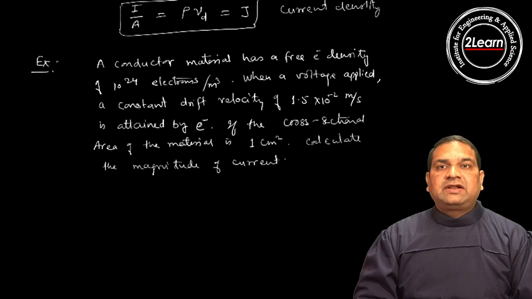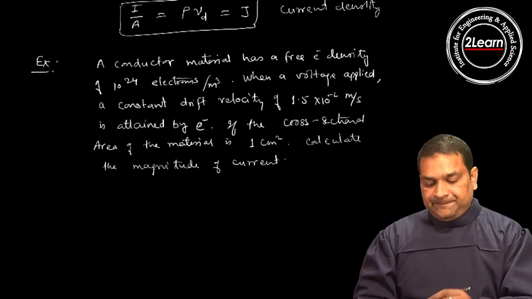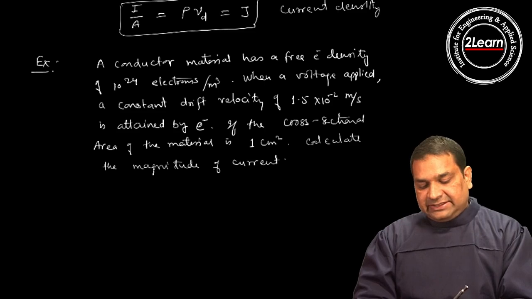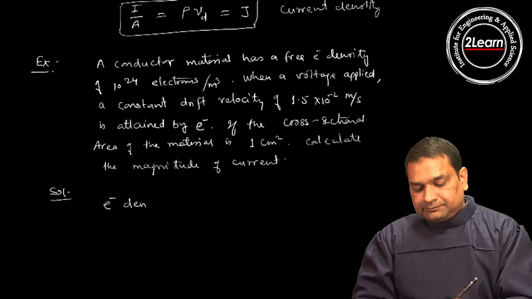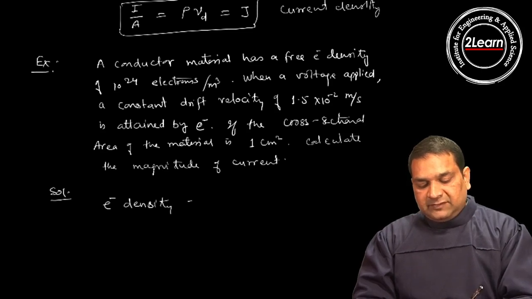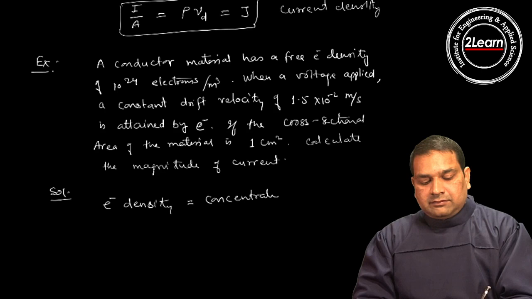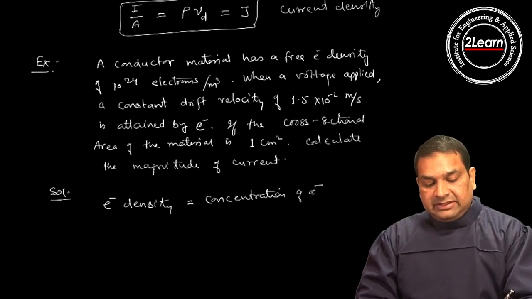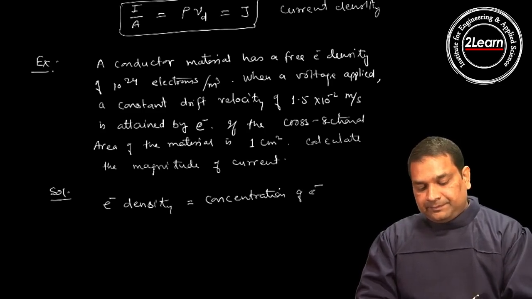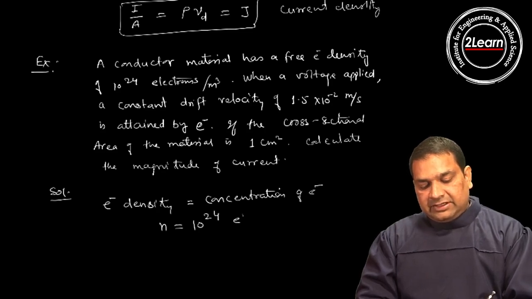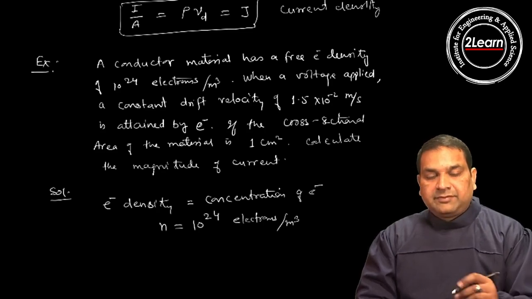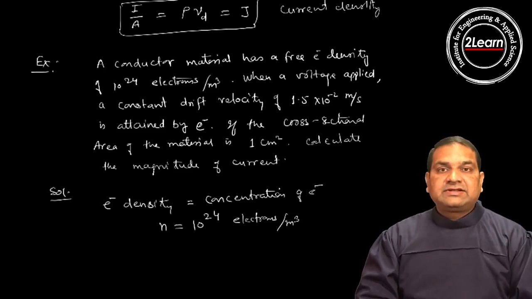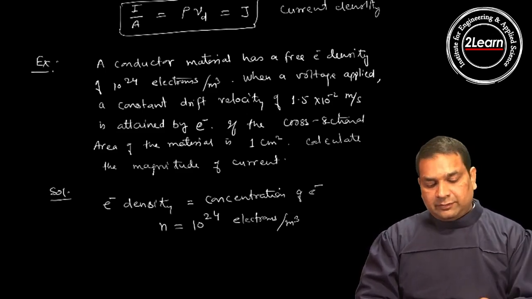These are the number of electrons per unit volume. So what is given here is the free electron density, or concentration of electrons, that is n, 10 raised to power 24 electrons per meter cube. This n is nothing but the number of electrons per unit volume.